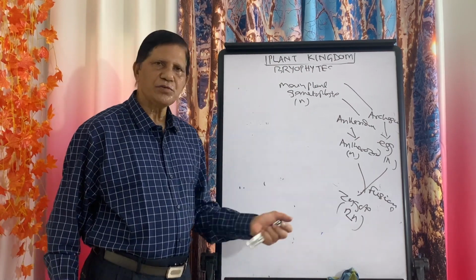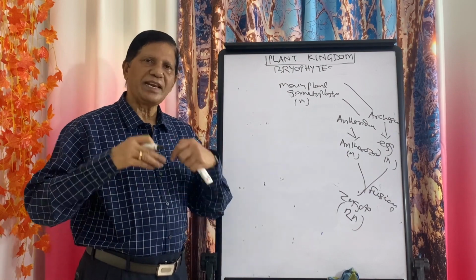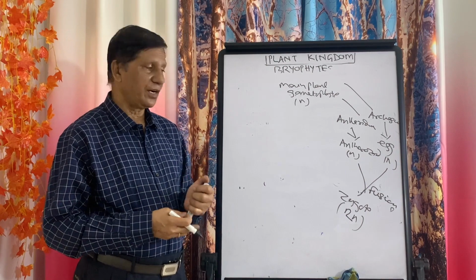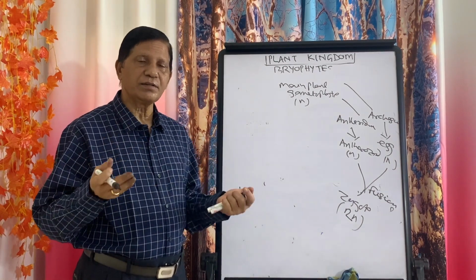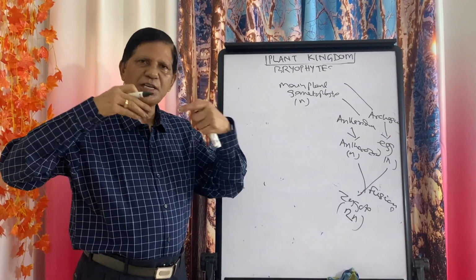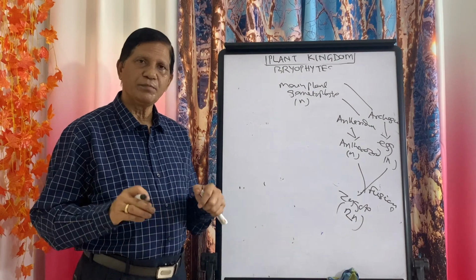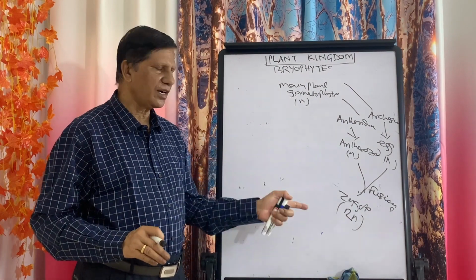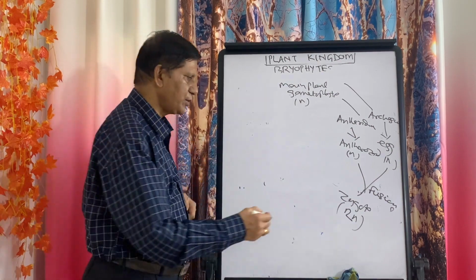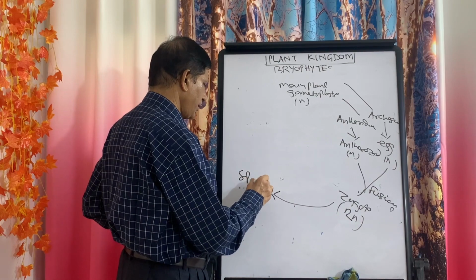Because if it underwent meiosis and gave rise to 4 spores, whether these 4 spores can give rise to 4 plants is doubtful, because those conditions may not be present there, and these spores cannot be dispersed to far away places for suitable conditions. That is why, for its own survival, it doesn't undergo meiosis; it will undergo mitosis to give rise to a sporophytic plant body.